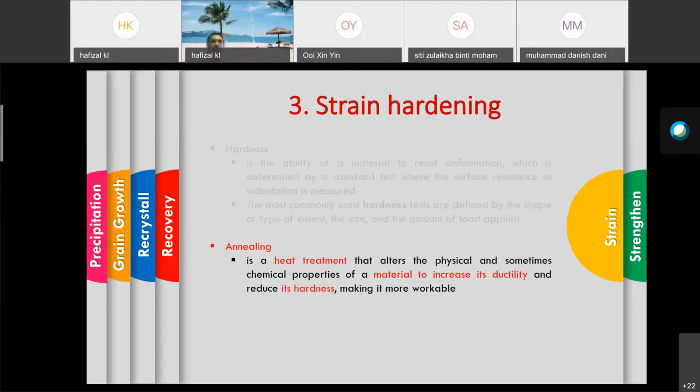That means if we have a material that is very hard to deform, at a certain temperature we will need to do the annealing process, whereby we heat it at a certain temperature below the melting temperature to make it workable.